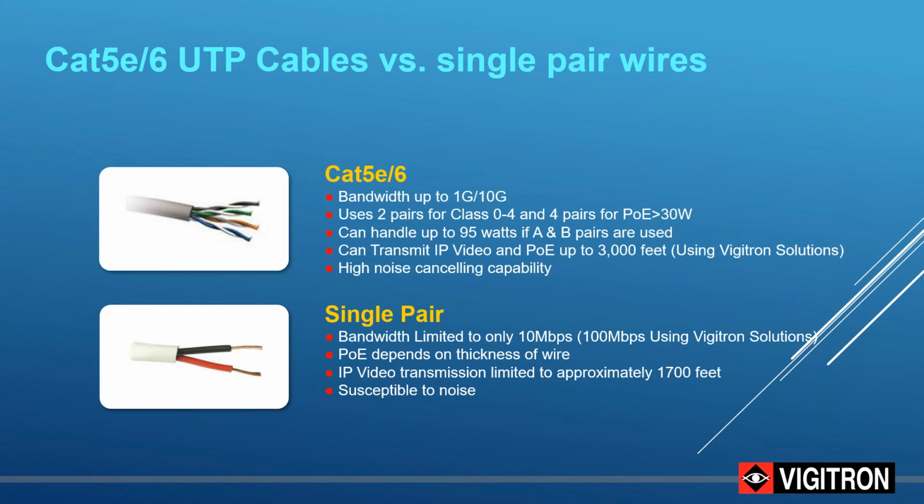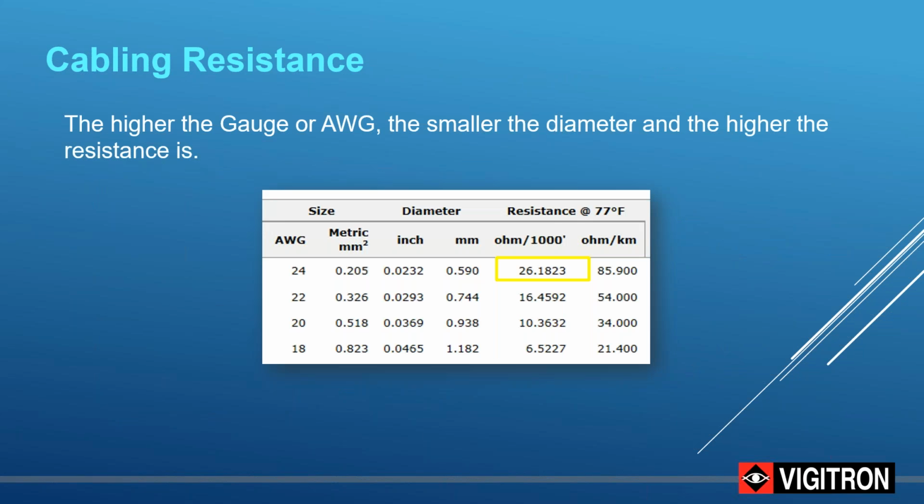And because you don't have the twists involved, it's very susceptible to noise. And you can see these differences in the various gauges of the wire as we go down and their effect on resistance. Resistance is the main problem that we have when we're transmitting and trying to get both bandwidth and PoE from a source to drive a camera.